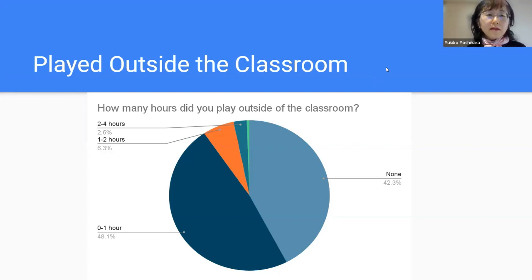But if we look at the percentage of students who played the games outside of class, there's a total of almost 58%. That's a huge difference, considering that before playing games, the motivation level was only 25% for study outside of class.